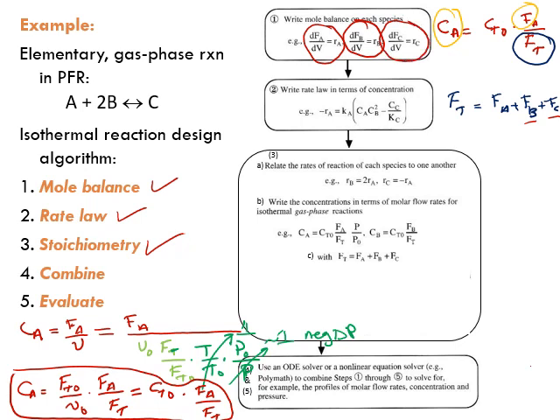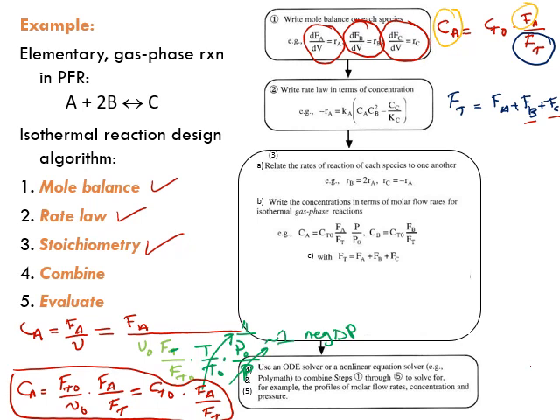So again, the logic tells me that if I have a gas phase reaction and I'm going to write the design equation in terms of molar flow rate, not in terms of X, you will end up needing to write the design equation for all the involved species. This is something we mentioned at the beginning of the lecture.